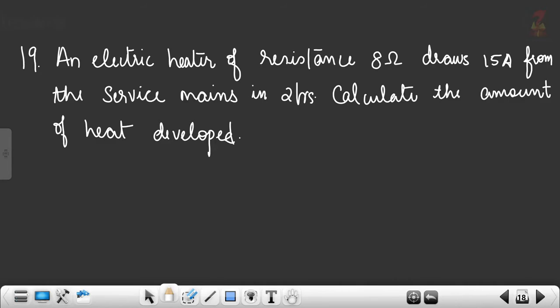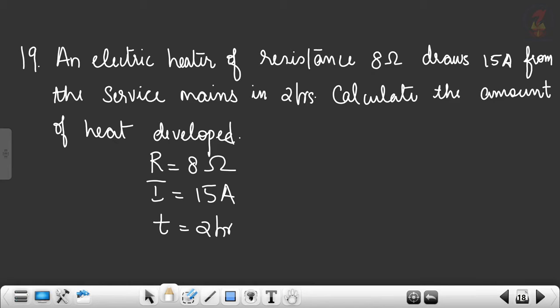Next one is, an electric heater of resistance 8 ohm draws a current from the main in 2 hours. Calculate the amount of heat developed. Okay. So, R is equal to 8 ohm, I equal to 15 ampere, then T equal to 2 hours.